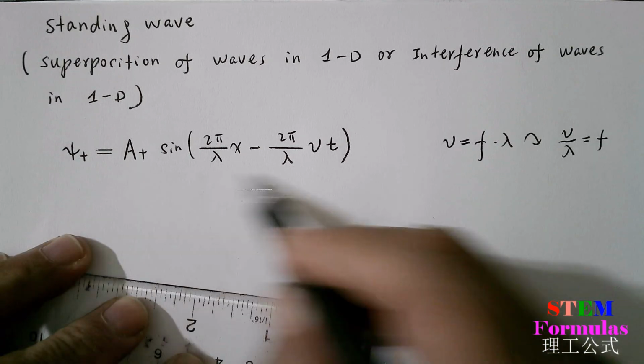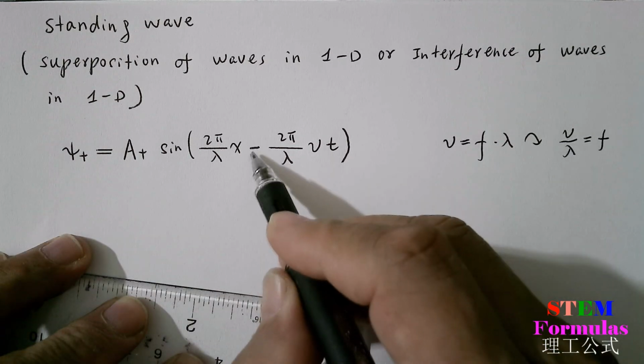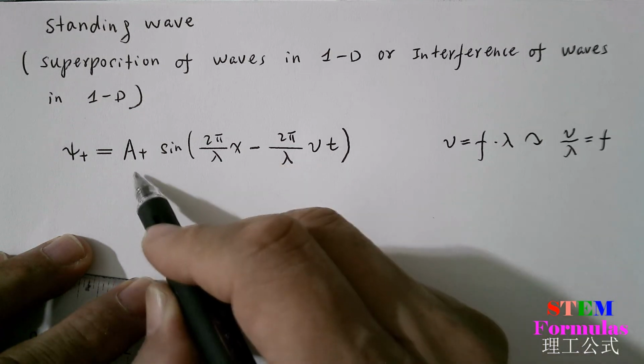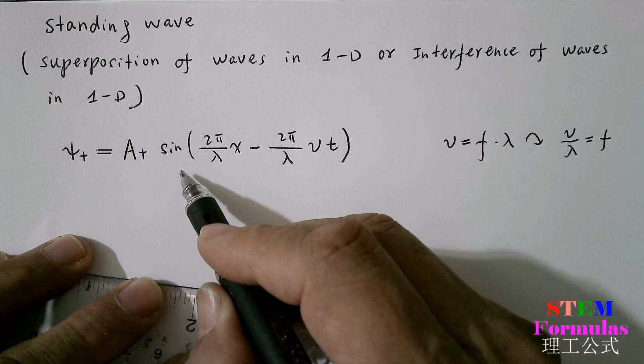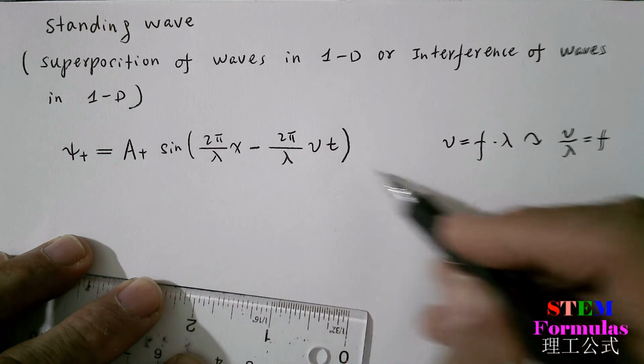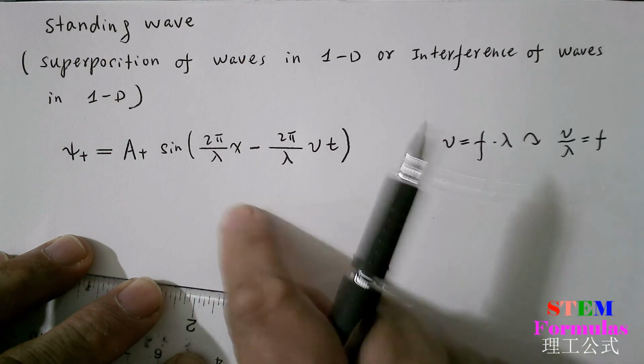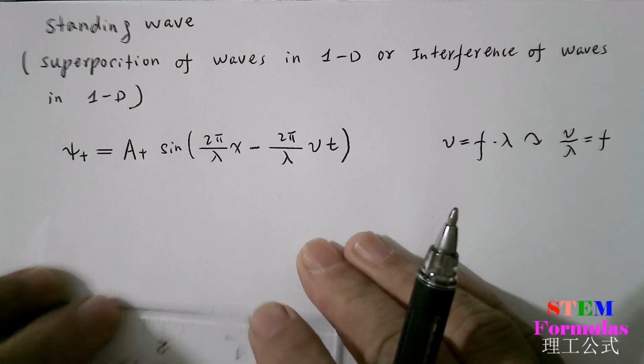This wave, because it has a negative sign here, represents a wave propagating in the right direction, in the positive x direction.